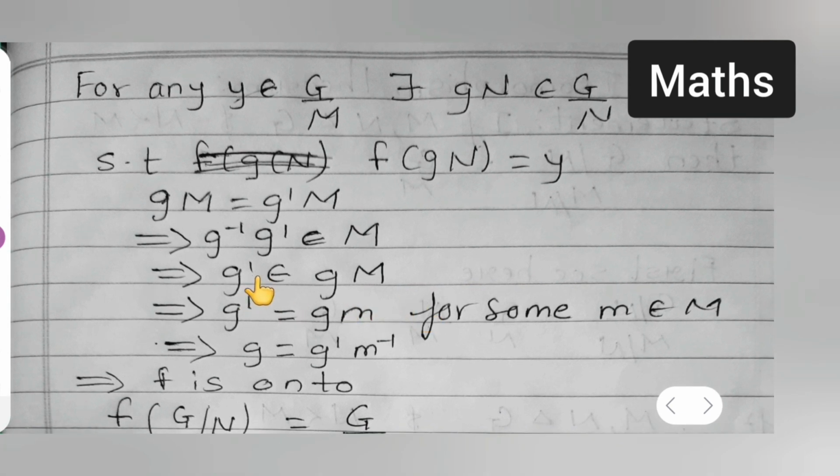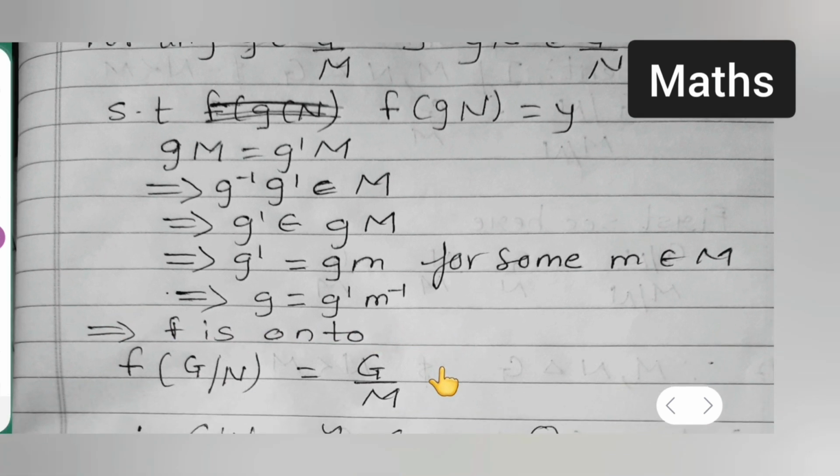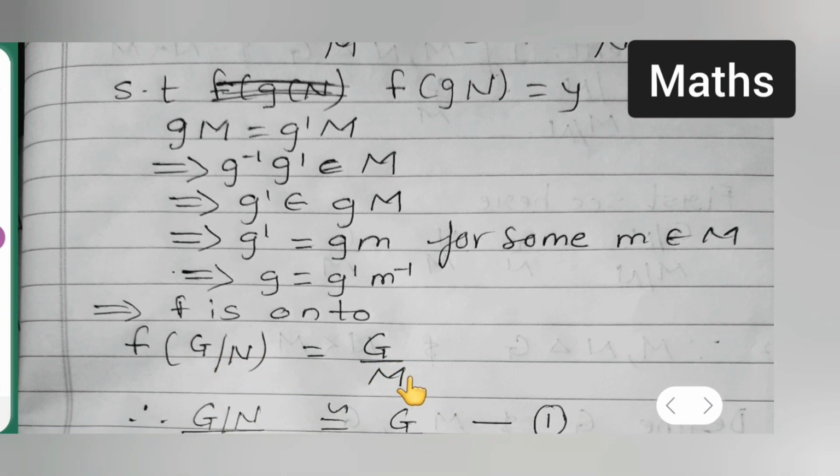Now g' is equal to gm for some small m belonging to capital M. So this implies that g is equal to g' m inverse, since I have taken this m to the other side, so it will become m inverse. Now this implies that f is onto. The image of the group is equal to the codomain, that is f(G/N) is equal to G/M.